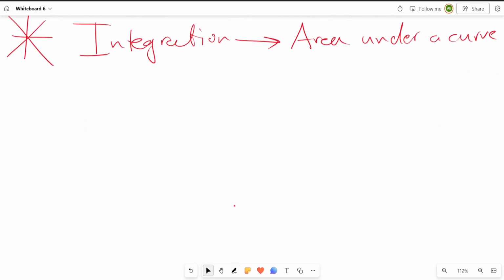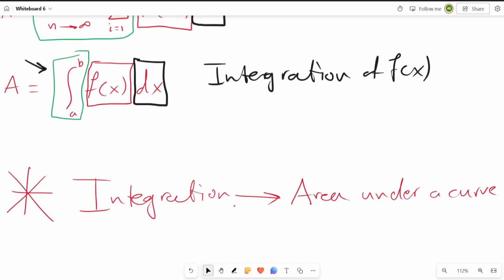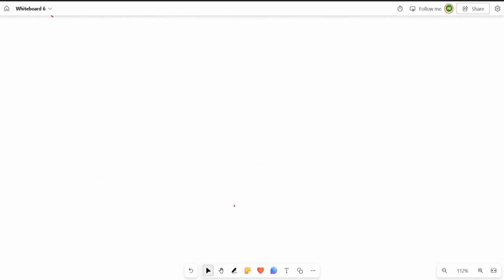So let's see how to do that for actual functions. Let's say we have a function y equals x squared plus 3x plus 4. When we want to integrate this function, we integrate this expression with respect to x.